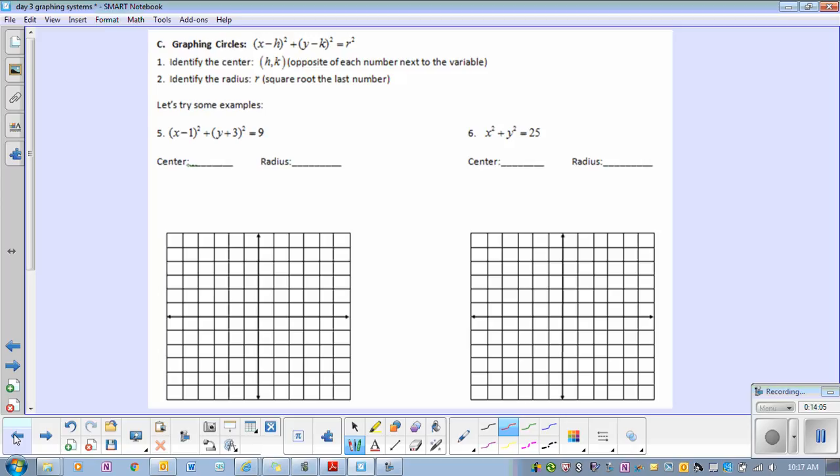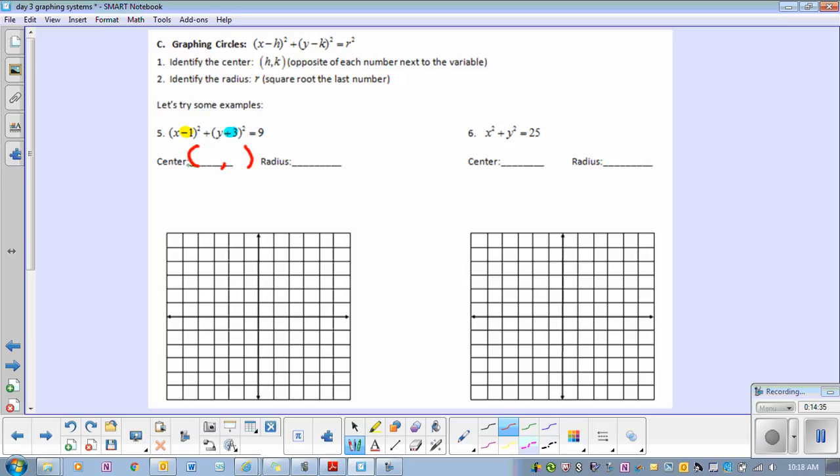Number 5, all right? So number 5, I have x minus 1 squared, so I've got that number in there, right? And then plus y plus 3, I got that number right there, okay? What is my center? What is the opposite of the number that's inside with the x?